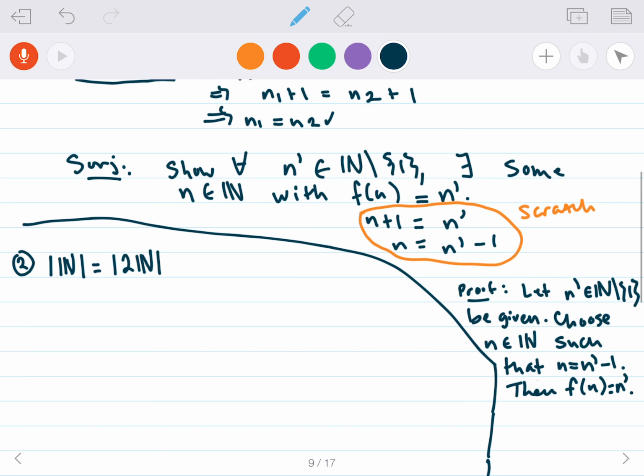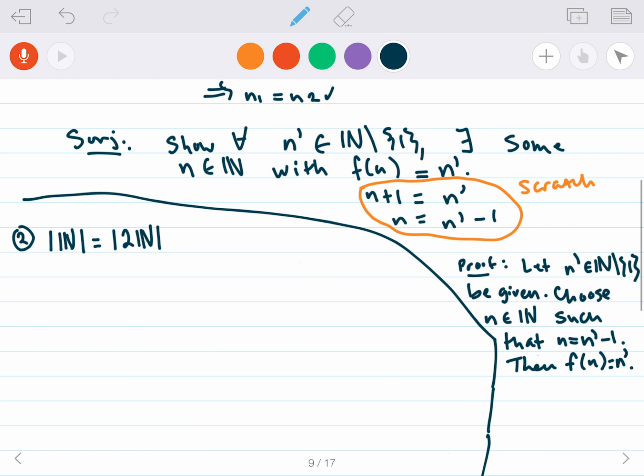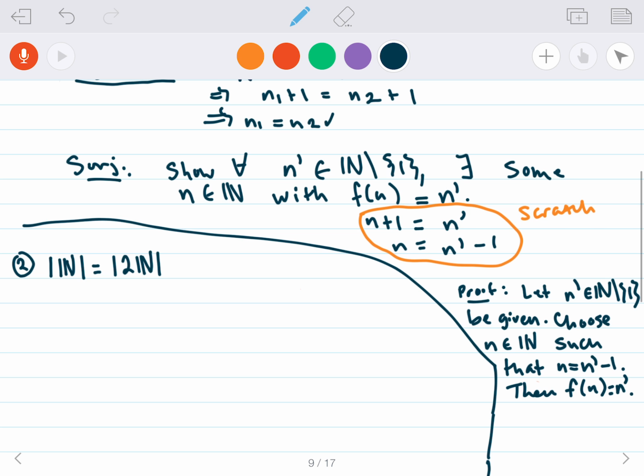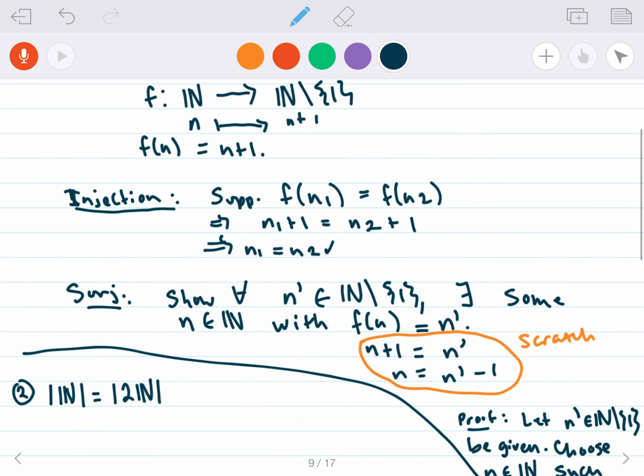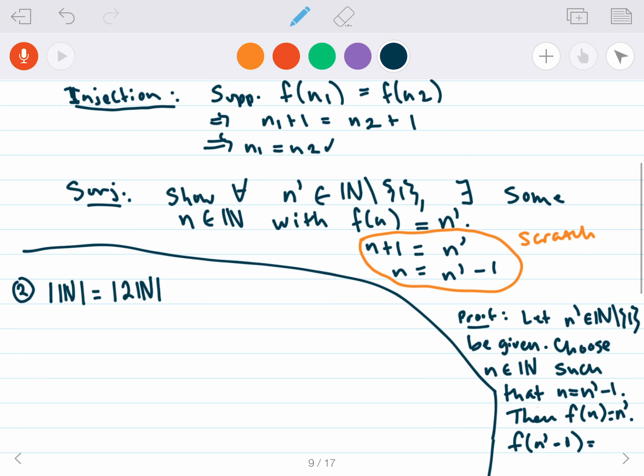Okay, wait, did I do this right? Let's see. I'm looking at this and I'm like, wait a minute, what? Let's just make sure what we did. We're solving for little n. Let n be n prime minus 1. Then f of n prime minus 1 is equal to, by our definition of f, yeah, okay, yep. Sometimes I overthink things too.